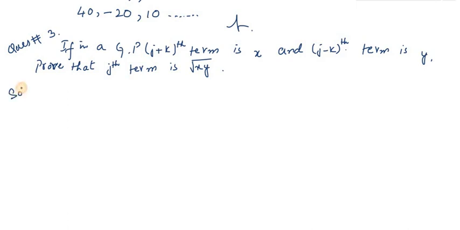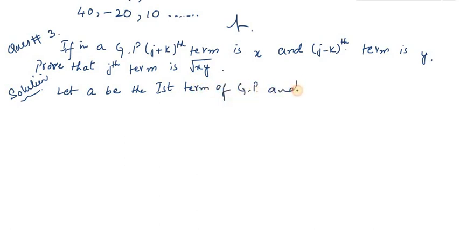Solution. Let A be the first term of the geometric progression and R be the common ratio.